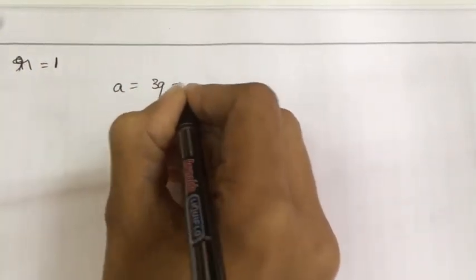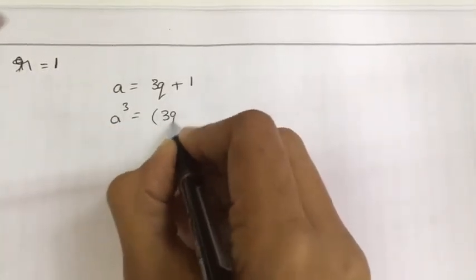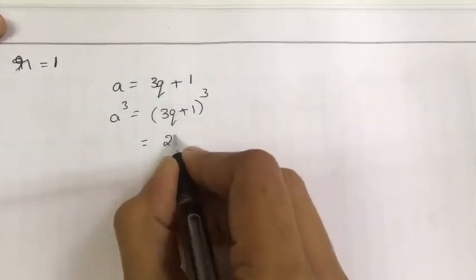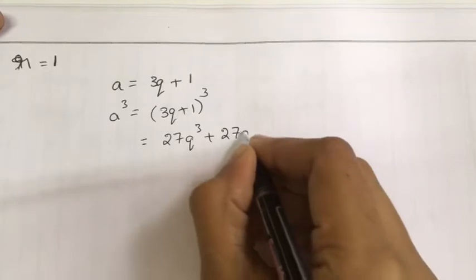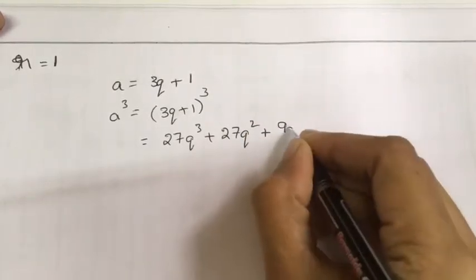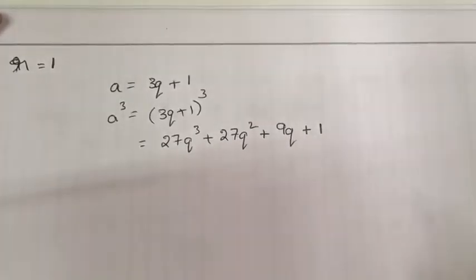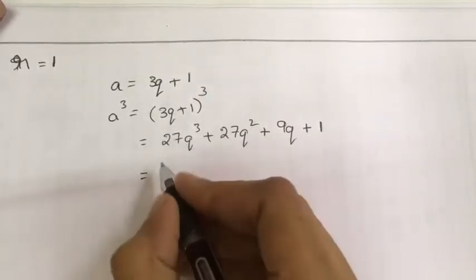In the second case, where the remainder is equal to 1, a is 3q plus 1. So the cube of the integer a is 3q plus 1 whole cube. Using a plus b whole cube, it's a cube plus 3a square b plus 3ab square plus b cube, so that I can take 9 common in these terms.